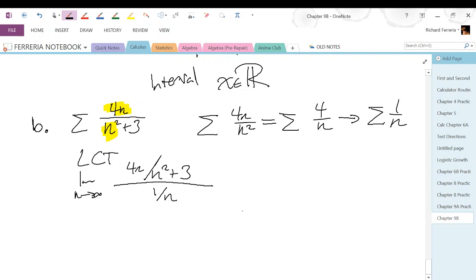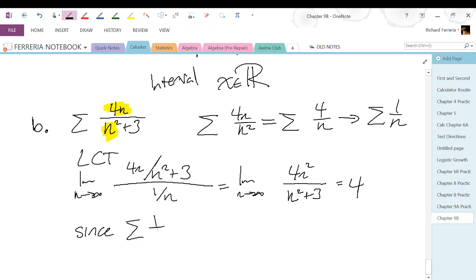So this is equal to the limit as n approaches infinity of 4n squared on top of n squared plus 3. This limit is 4. So since this series diverges, this series is also going to diverge.